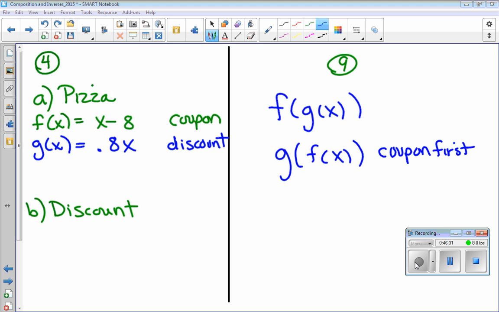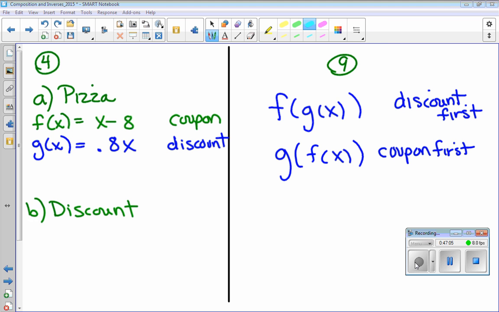So tell me how much the pizza would be when you do the coupon first. Then I want you to tell me how much it would be with the discount first. And then the question says how much more, so what are you going to do with those two things? I'm going to subtract them. Which is really kind of important for you.